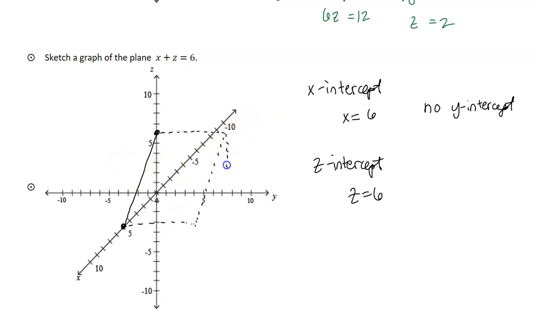And I'm just going to make it look a little 3D. It doesn't have to be perfect. And we're just going to shade this rectangle here. Or that's not a rectangle, it looks like a parallelogram. It's technically a rectangle in 3 space.